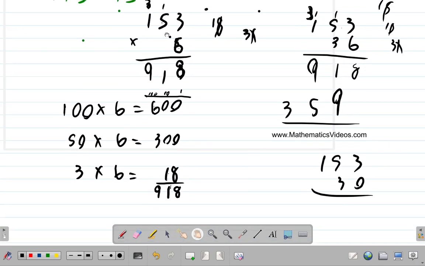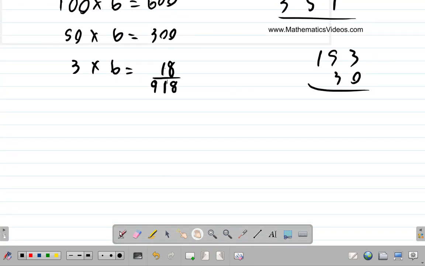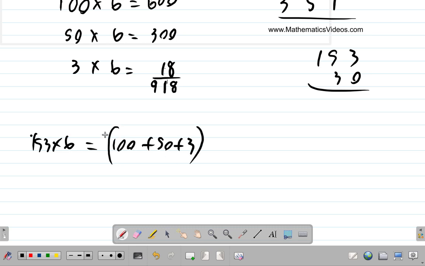When you say 153 times 6, we look at it a different way. 153 is 100 plus 50 plus 3 multiplied by 6.